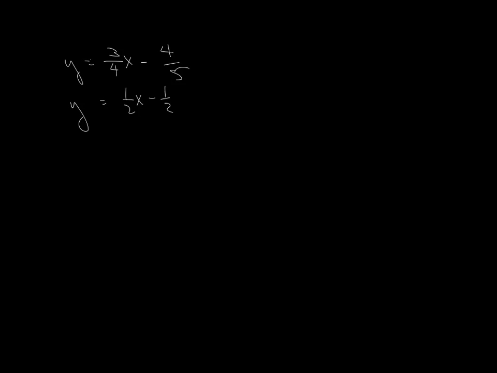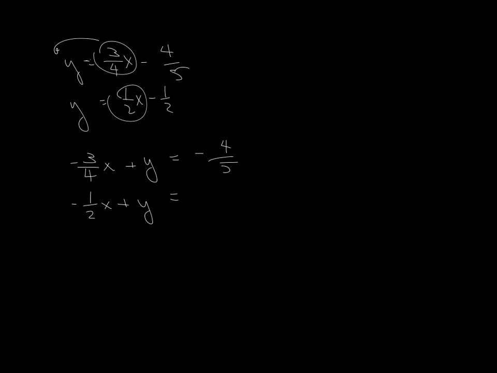Alright, so when you have a situation like this, I personally like to set it up so that all my x's and y's are on the same side. So I'm going to rewrite this as -3/4 x. Okay, so I took this and moved it over, plus y equals -4/5. And I'm going to do the same thing here. -1/2 x, move it over, plus y equals -1/2.